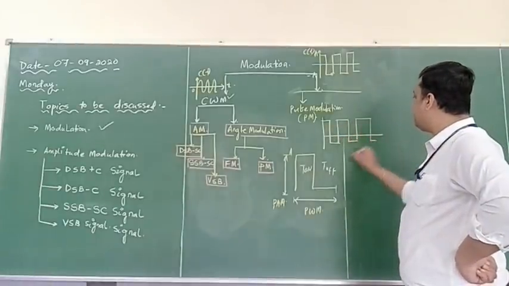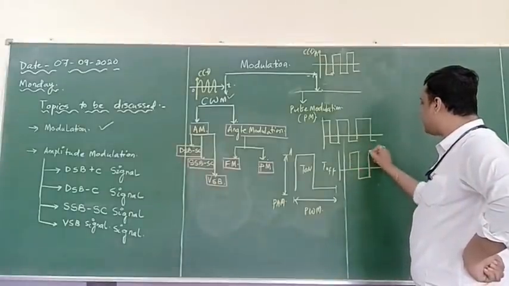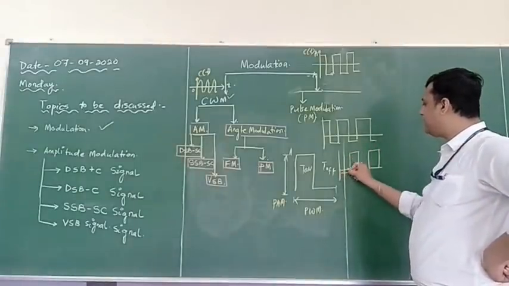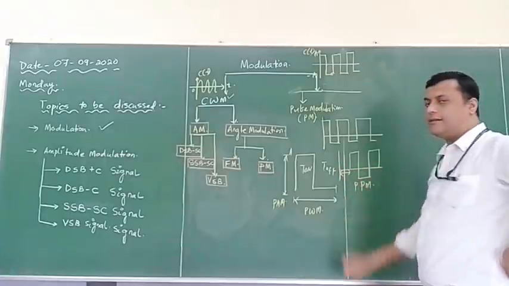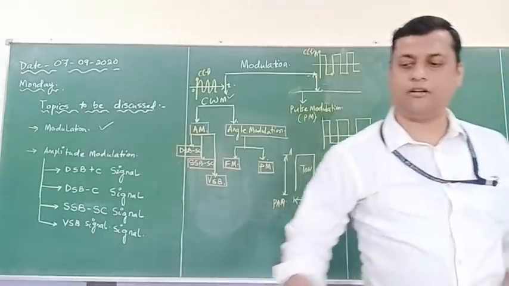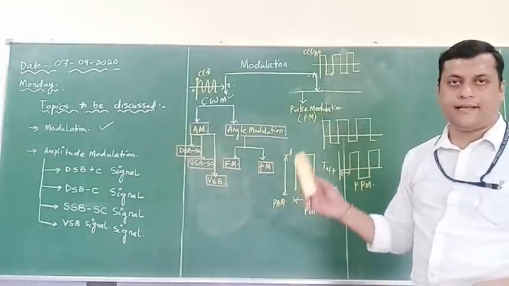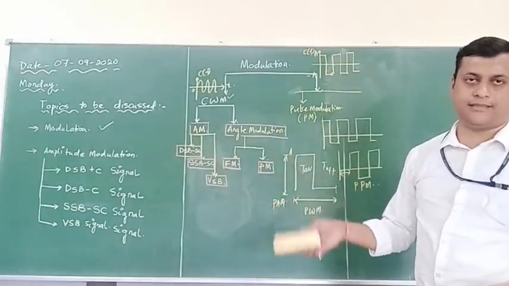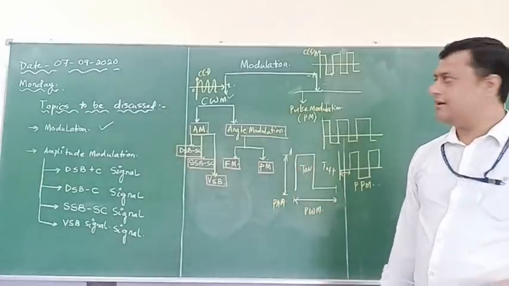If I shift this pulse after modulation, so that the position is shifted, then it is called PPM, pulse position modulation. This indicates that the carrier characteristic, the position, is changed with respect to the modulating signal.